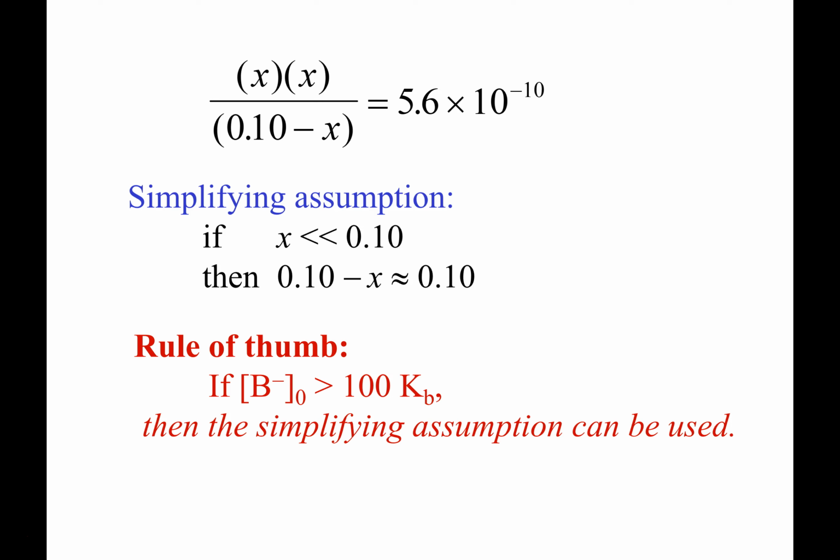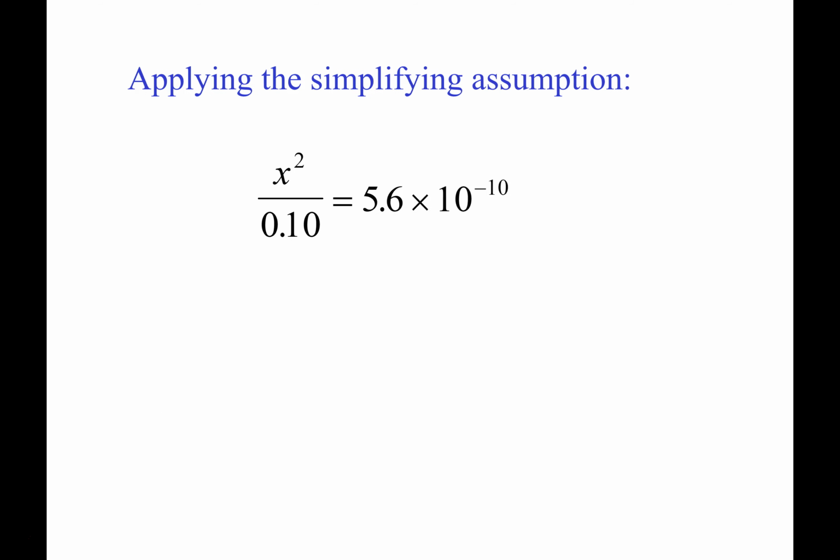So if we take Kb, which is 5.6 times 10 to the minus 10th, and we multiply by 100, you're looking at 5.6 times 10 to the negative 8. So our 0.10 is greater than 5.6 times 10 to the negative 8.